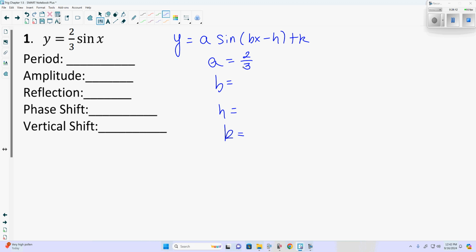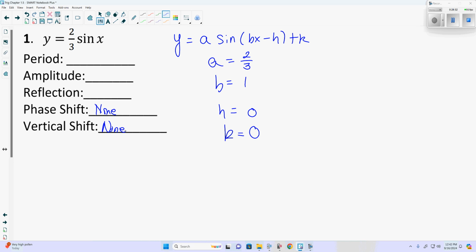What's our value of B? H and K, 0 and 0. Phase shift is none. Vertical shift is none.